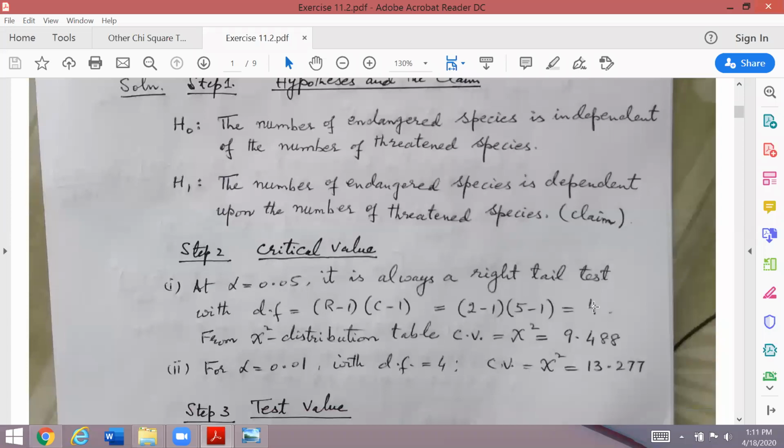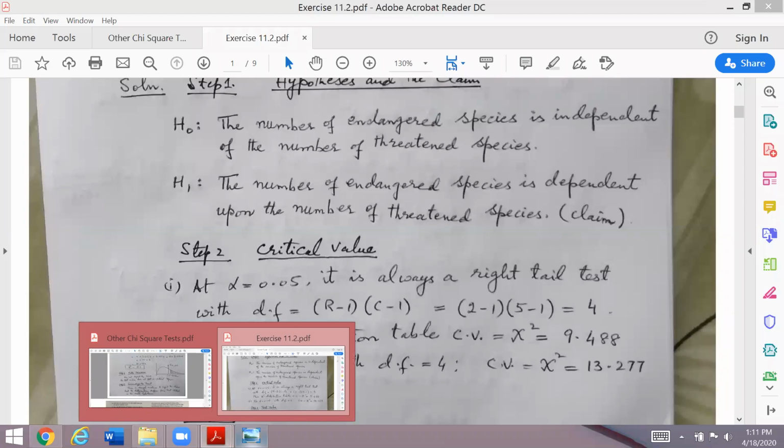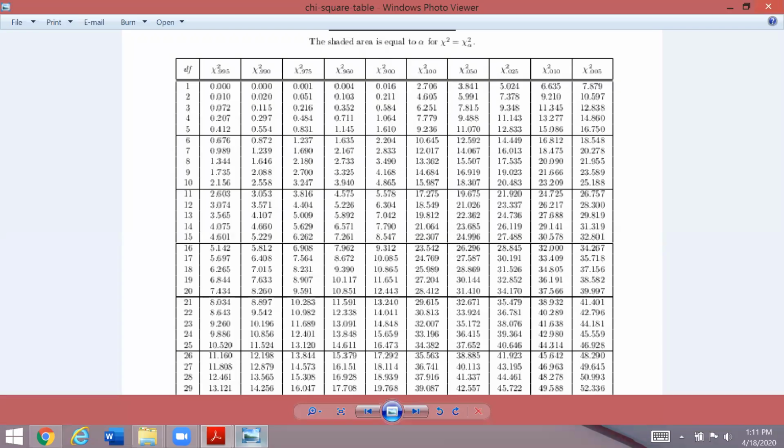To see this degree of freedom in the chi-square distribution, I am opening that. Let's see what answer comes when alpha is 0.05, and when alpha is 0.01, where the degree of freedom is the same in each case. So the degree of freedom is 4. The first one, 0.05, is this one.